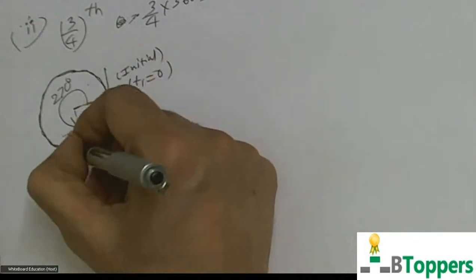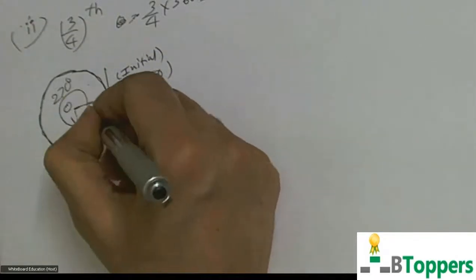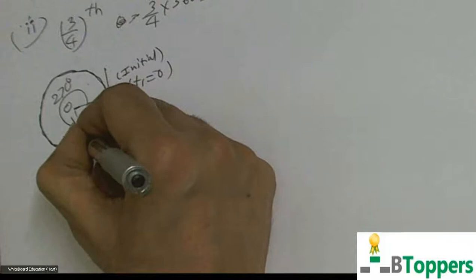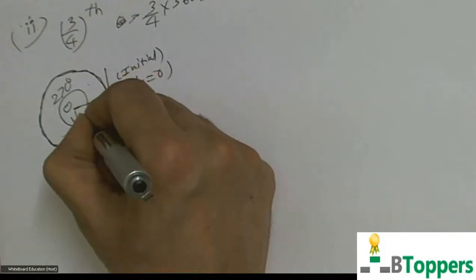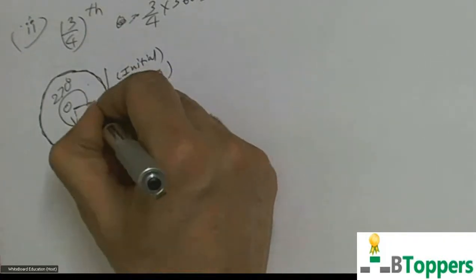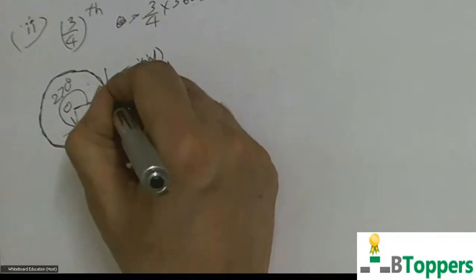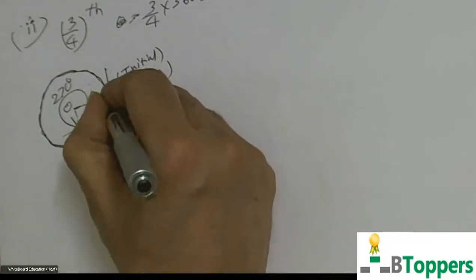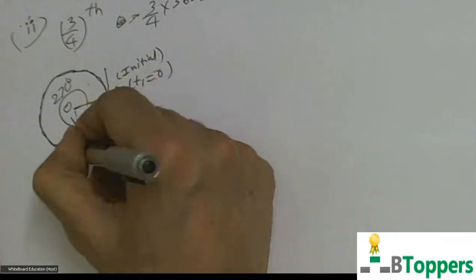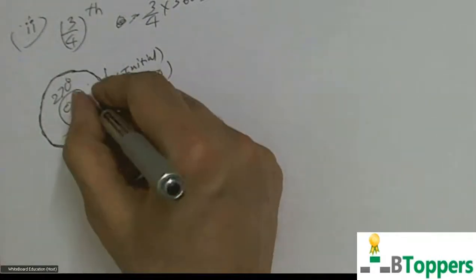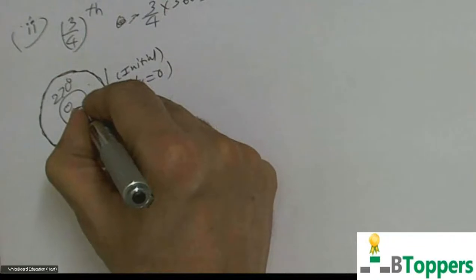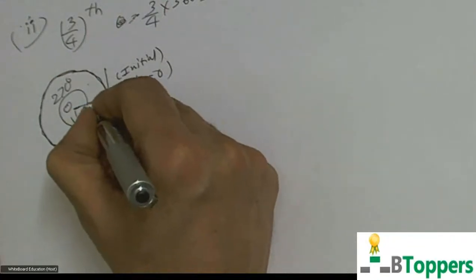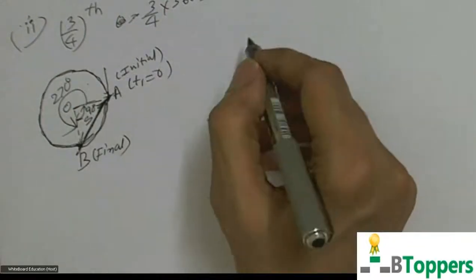The magnitude of the displacement is the shortest distance between the initial position A and final position B. So the magnitude of the displacement of the particle is equal to the length of the line AB, directed from A to B. Here AOB is a right angle triangle.